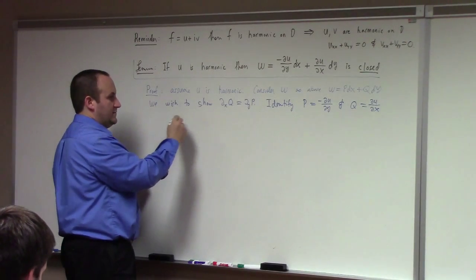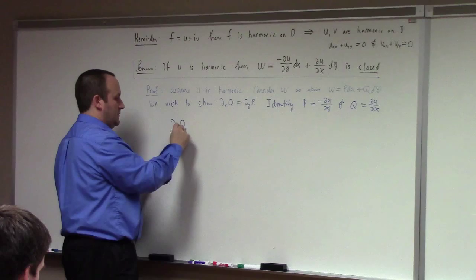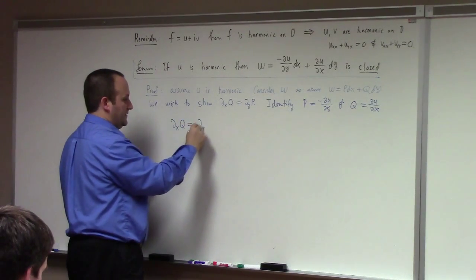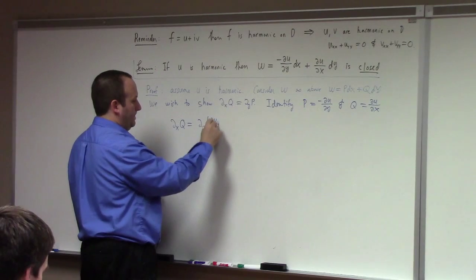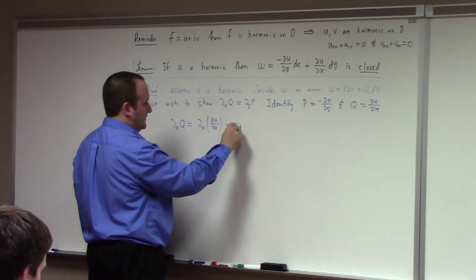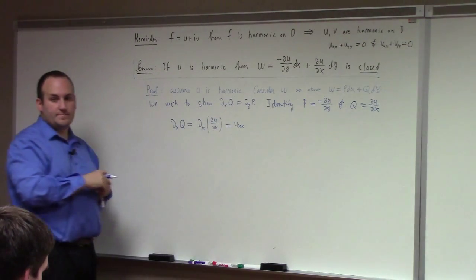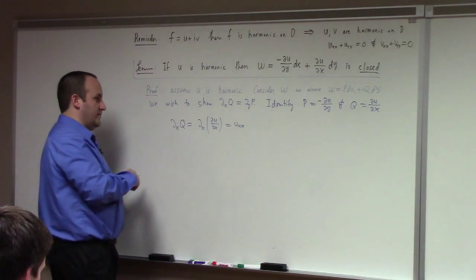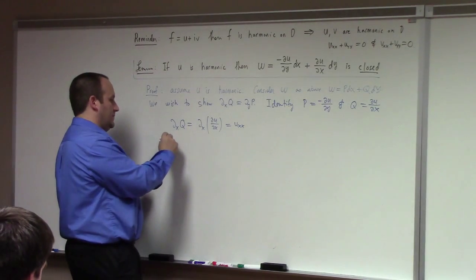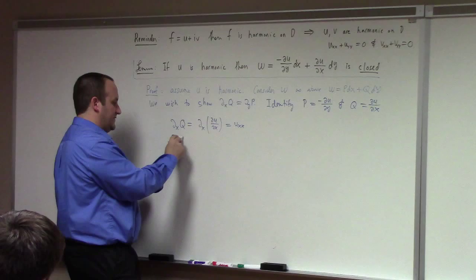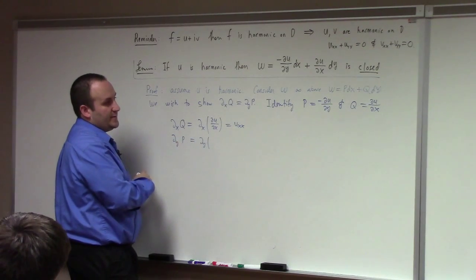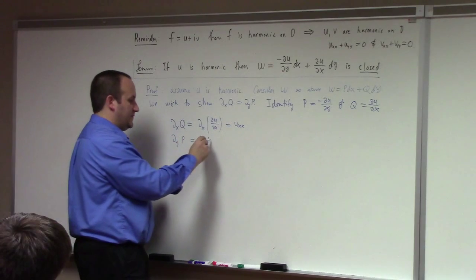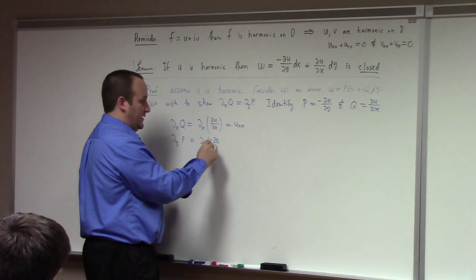So what do we get then? Partial x of q is partial x of partial u partial x, right? Which is uxx. And what else do we have? Partial y of p, what's that equal to in this case? It's partial y of my p, the x coefficient, which is minus partial u partial y.